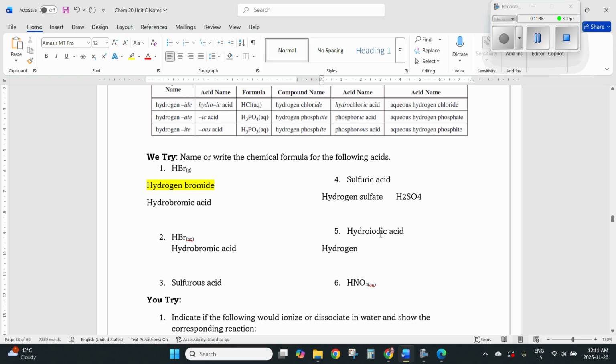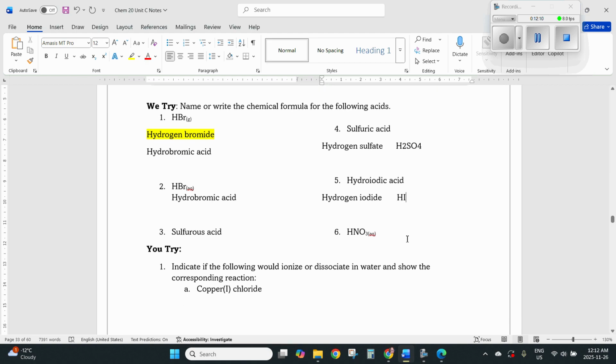So get rid of ic acid and put IDE. So hydrogen iodide. And then I name it like I normally would for an ionic compound. Hydrogen's a +1, iodide is a -1. So that means I get HI. And technically I put AQ at the end of all of them.